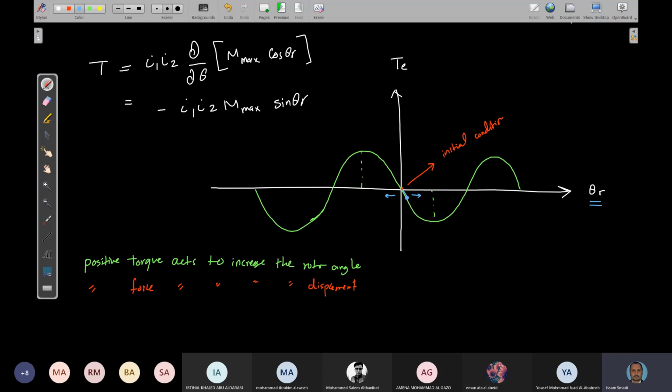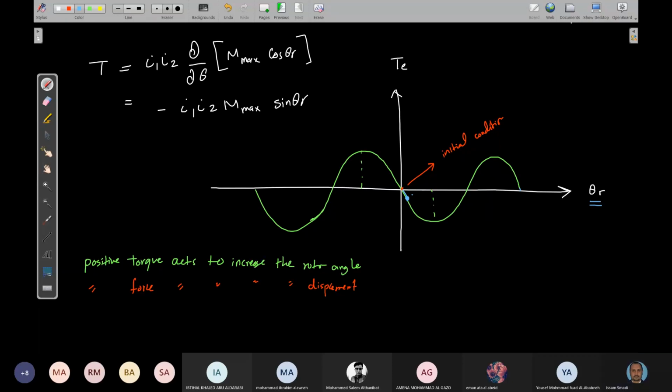So the torque is here. This is what we call the torque-angle plot. For any reason, let's assume that any disturbance happened to the system. I am here. Let's assume that for any reason, a disturbance, the rotor angle is changing.